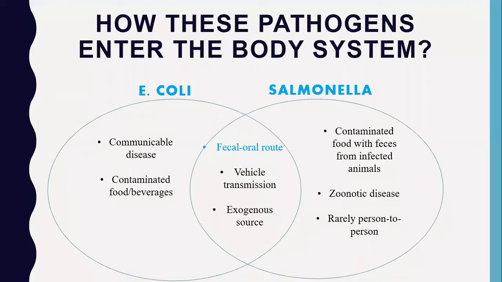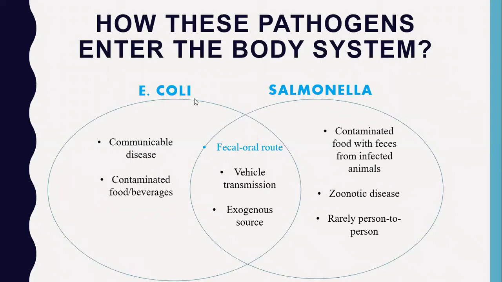How these pathogens enter the body system. Both E. coli and Salmonella enter the body system through the fecal-oral route when we ingest the bacteria. Both have vehicle transmission, meaning that both pathogens transmit through vehicles like water and food. They come from exogenous sources, which are outside of our organism, like the environment.